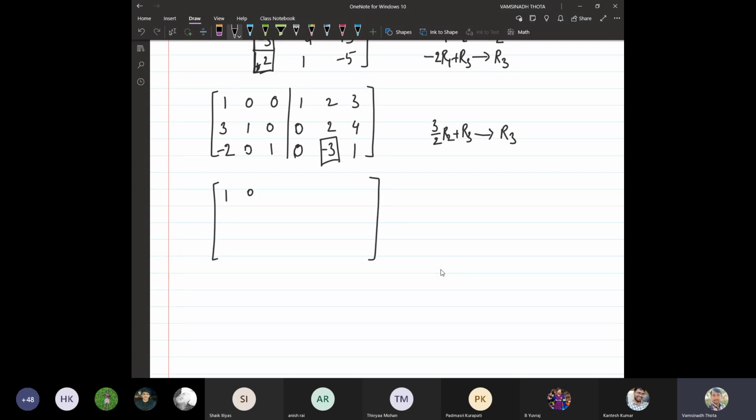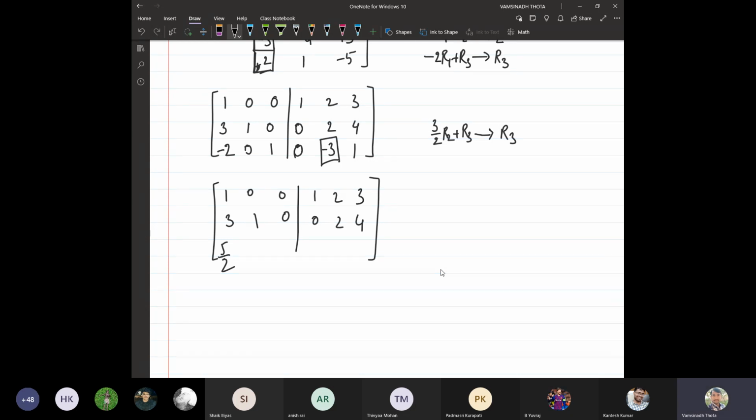So finally, what we will get here? The first two rows are not affected: 1, 2, 3, 3, 1, 0, 0, 2, 4. Now 3 by 2 times R2: 3 by 2 times 3 is 9 by 2, 9 by 2 minus 2, so that is, I think, 5 by 2. 5 by 2, am I right? Yeah, 5 by 2.